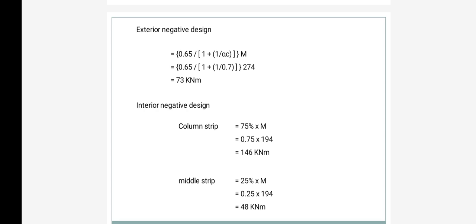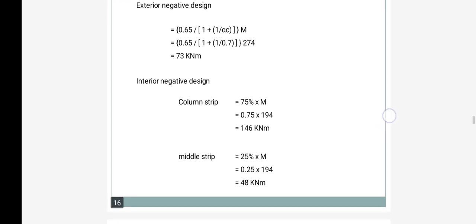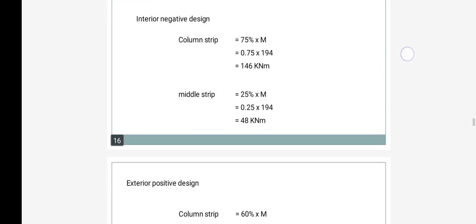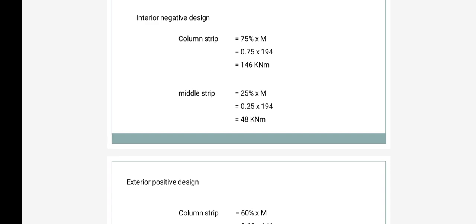For the interior negative design, column strip is equal to 75% of the bending moment and middle strip is equal to 25% of the bending moment. So column strip answer is 146 kilonewton meter and middle strip answer is 48 kilonewton meter.